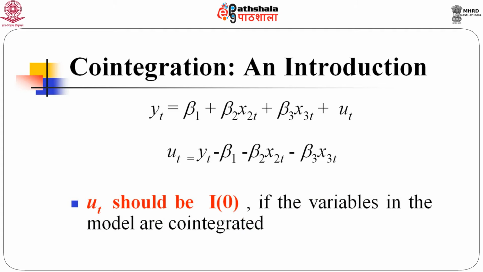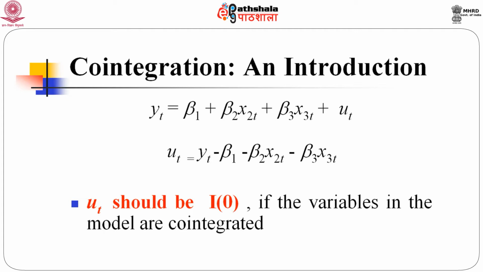Two or more series are said to be co-integrated if you have a regression of yt on x2 and x3, where each of yt, x2t and x3t is an I(1) variable, and if you obtain the residual, that is ut equal to yt minus beta 1 minus beta 2 x2t minus beta 3 x3t, and ut is integrated of order 0, then the variables of the model are co-integrated.